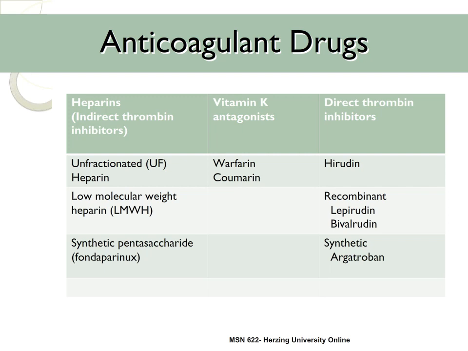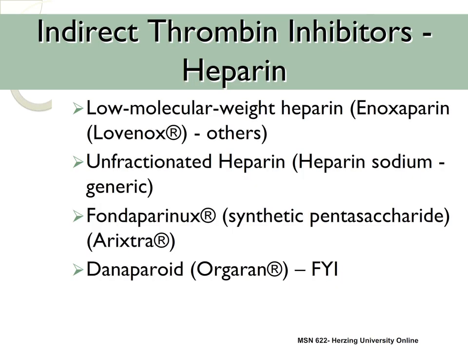The heparins are low molecular weight heparin, the unfractionated large molecular weight heparin, and the synthetic form. The vitamin K antagonists are basically warfarin, and the direct thrombin inhibitors basically are lepirudin, bivalirudin, and synthetic argatroban.